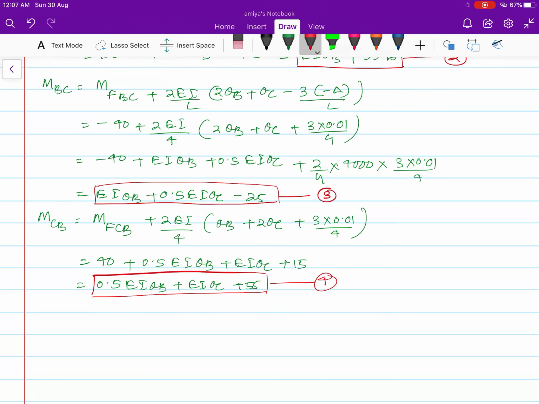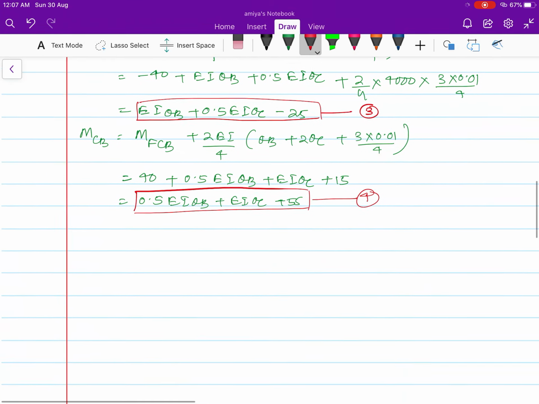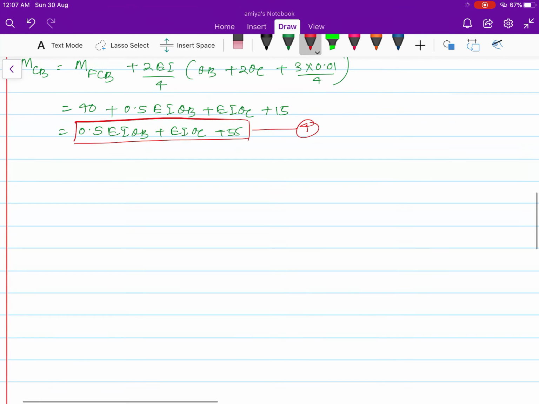Now applying the equation of equilibrium.